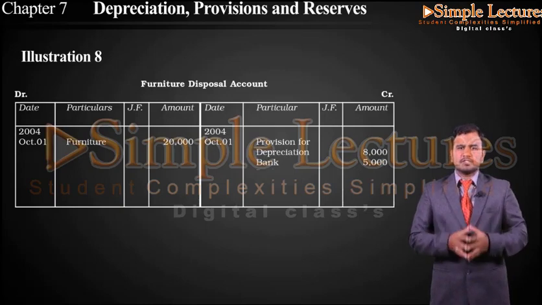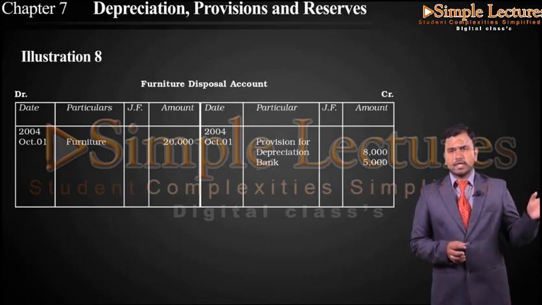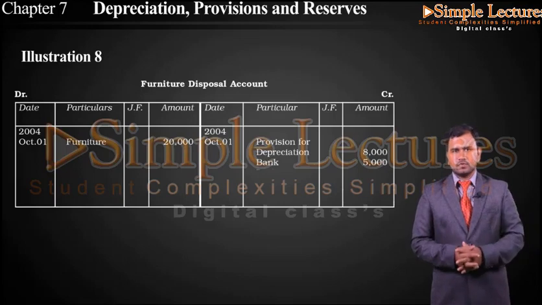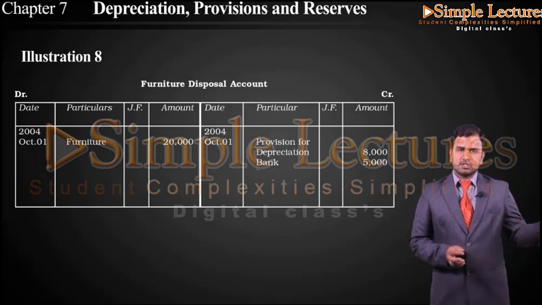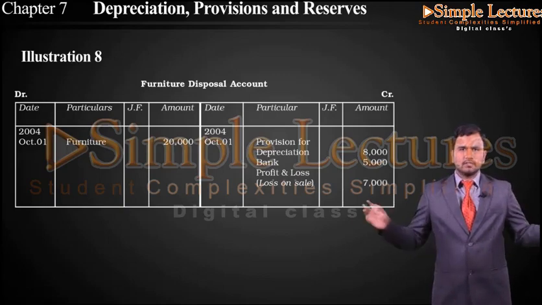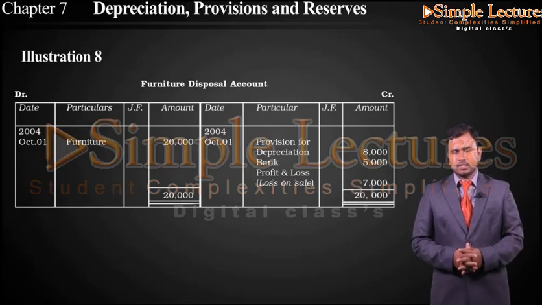So the asset was purchased for 20,000 and the depreciation was 8,000 and the sale price was 5,000. So the total value we are getting is 13,000, and the 7,000 that we have, it is a loss. So in the credit side, profit and loss, in the bracket loss on sale of asset 7,000. Then both the sides will have the total 20,000 and 20,000.